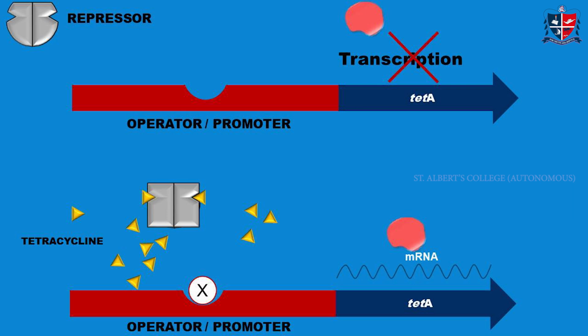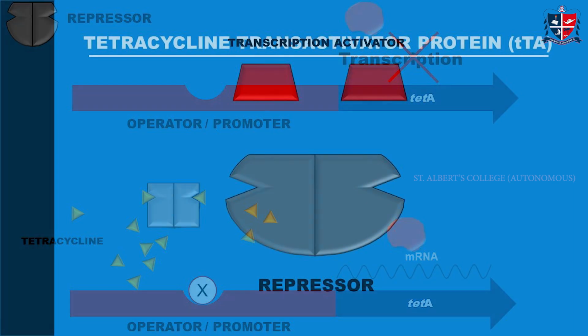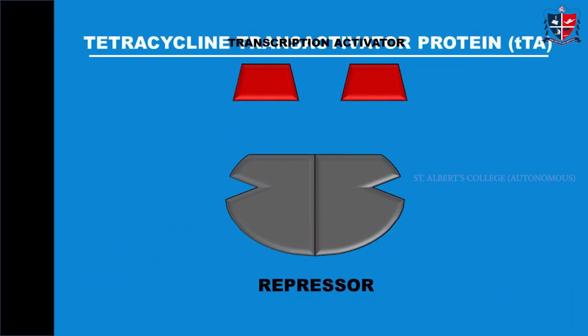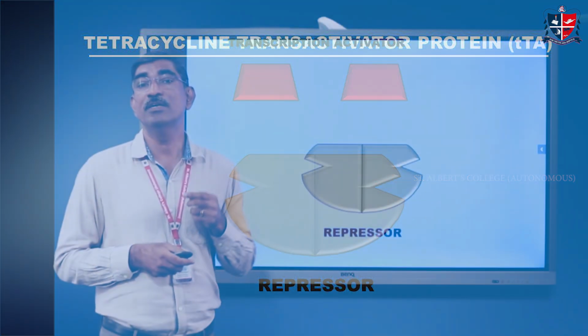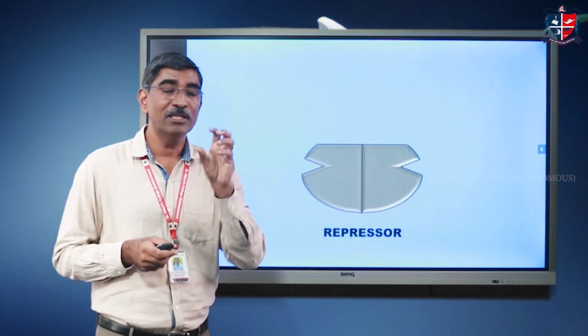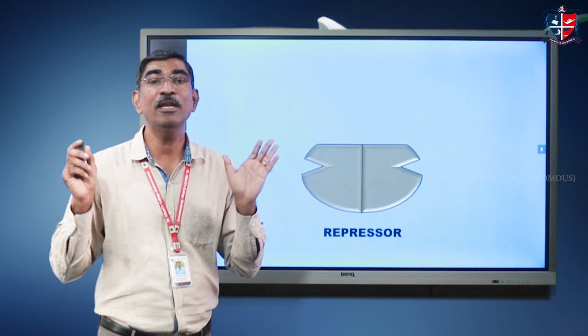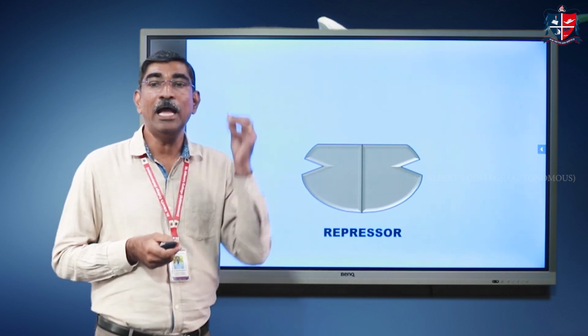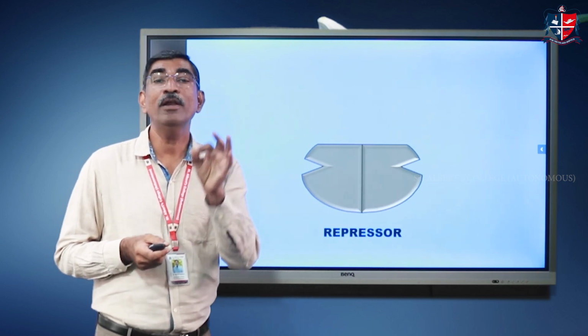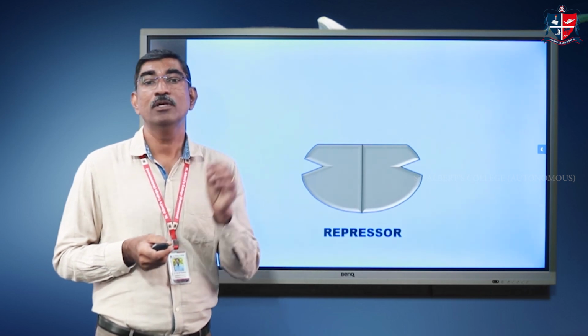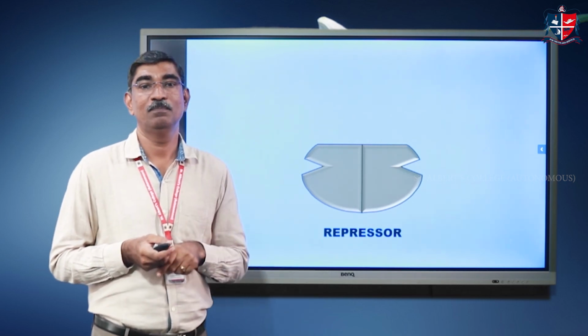And for constructing the tetracycline expression systems, what the researchers have done was they created a fusion product. And in the fusion product, one component was this repressor.